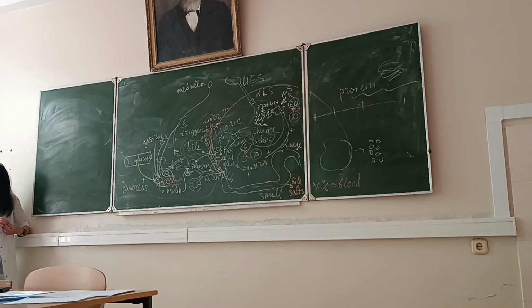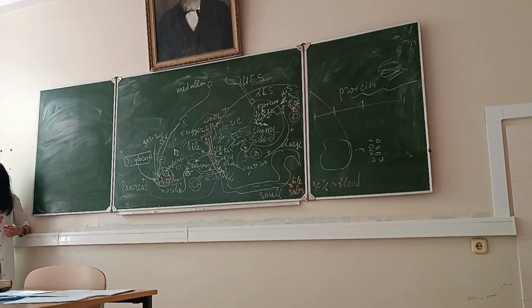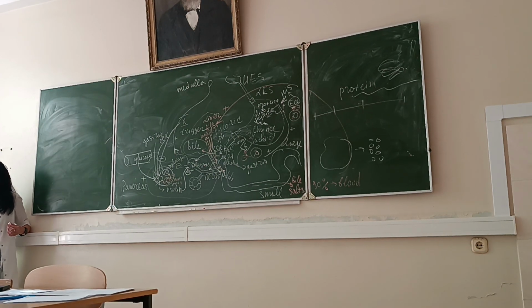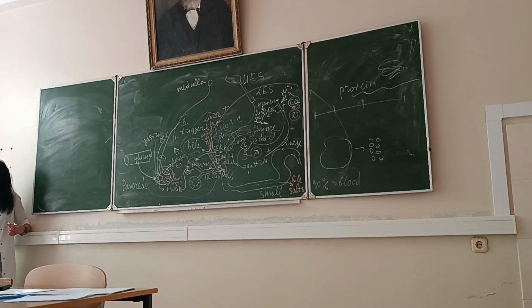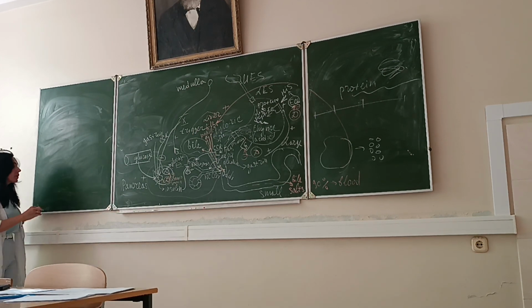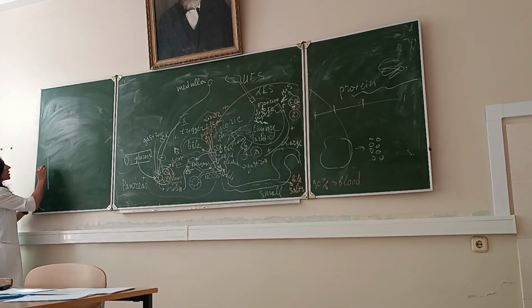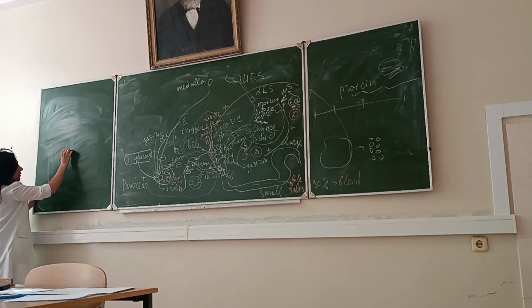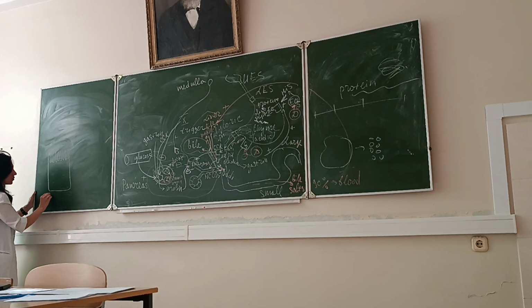To increase the surface for the final digestion, including membrane digestion and absorption. With final digestive processes. An enterocyte has microvilli. An enterocyte is a polar cell.